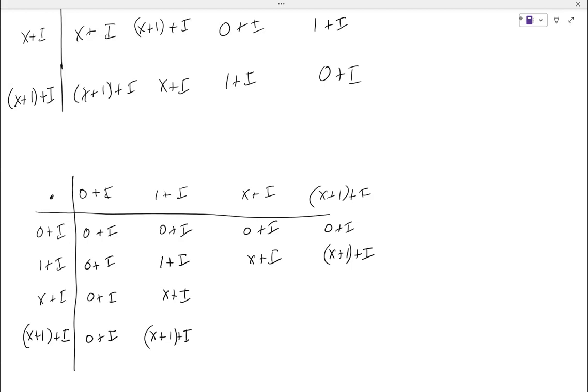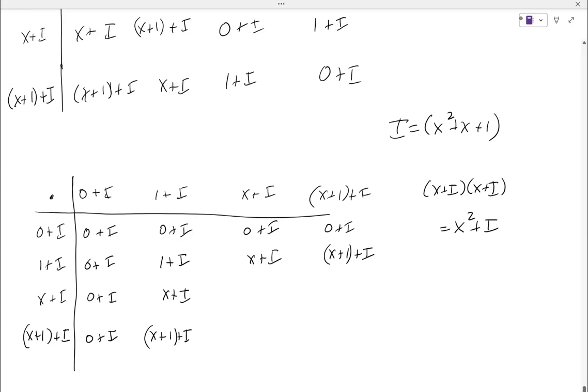So now comes the trickier part when you start multiplying x's, right? Remember our ideal was x squared plus x plus 1. So when you multiply x plus I times x plus I, that really is the same thing as x squared plus I, because I just multiply the coset representatives.